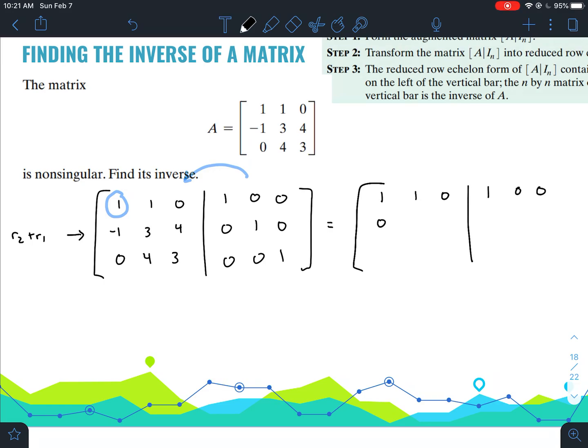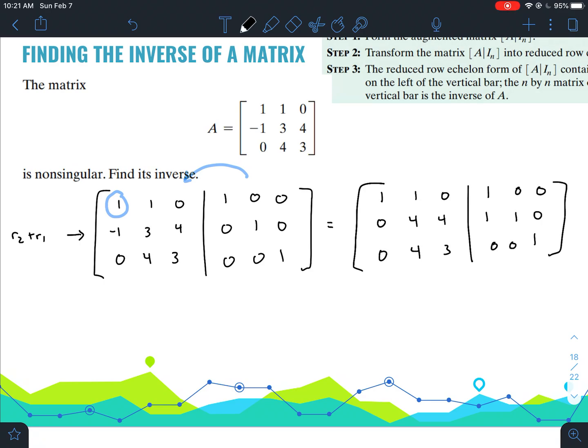Then I would have 0, 4, 4, and then, oops, I'm adding, so this one would have a 1 right here because 0 plus 1 is 1. And there we go. And then this row would stay the same: 0, 4, 3, 0, 0, 1.